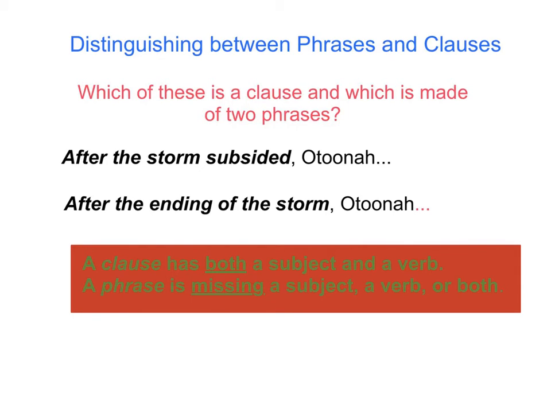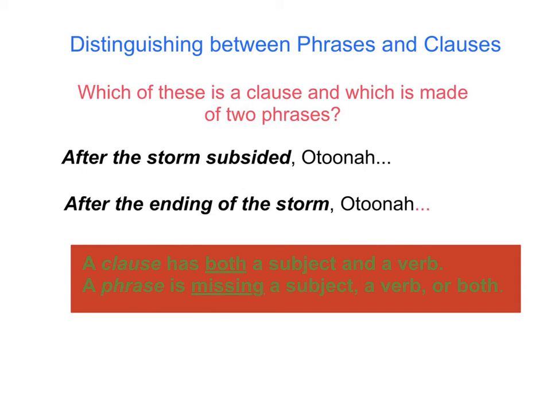The pizza, the chocolate. It's called a noun marker or an article: a, an, or the. So that's a signal that a noun is coming. So ending is a noun, it's not a verb. So you've got after the ending. What kind of ending? Oh, the ending of the storm. So those are really two little phrases, no verb in there, no subject. The subject is Otuna. So this is just an introductory phrase or prepositional phrases.